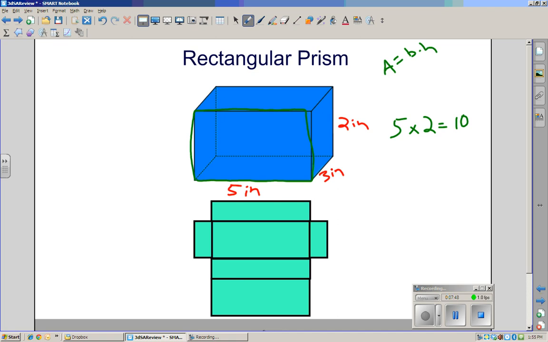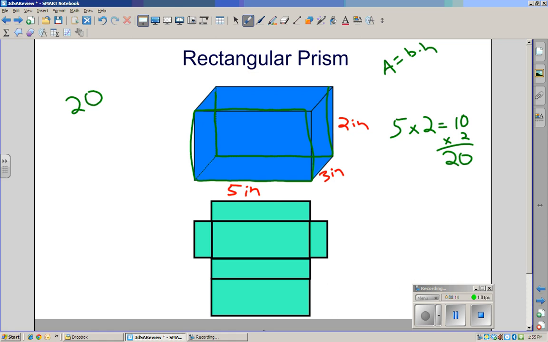In this rectangular prism, the front rectangle and the back rectangle are the same because they have to be congruent. So since there are 2, I times it by 2. I took care of the front and the back. My answer is 20. I'm going to put that off to the side.